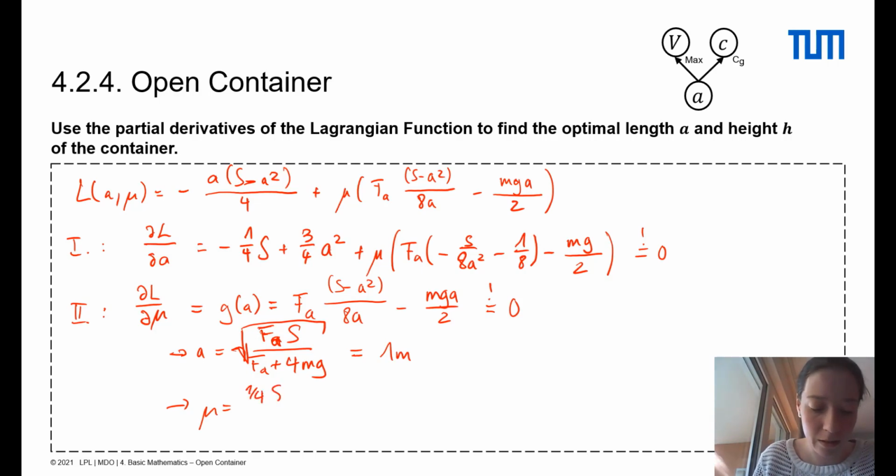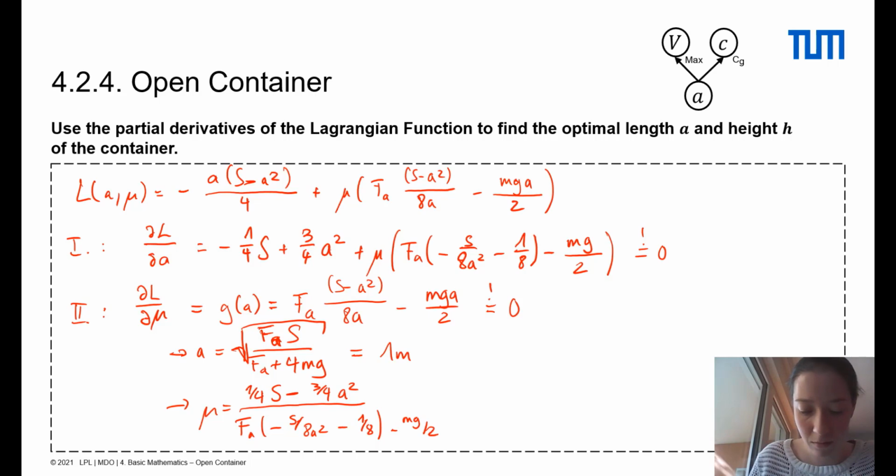which is minus 6.3 times 10 to the minus 4, and that's square meters per Newton, and that's smaller than 0.